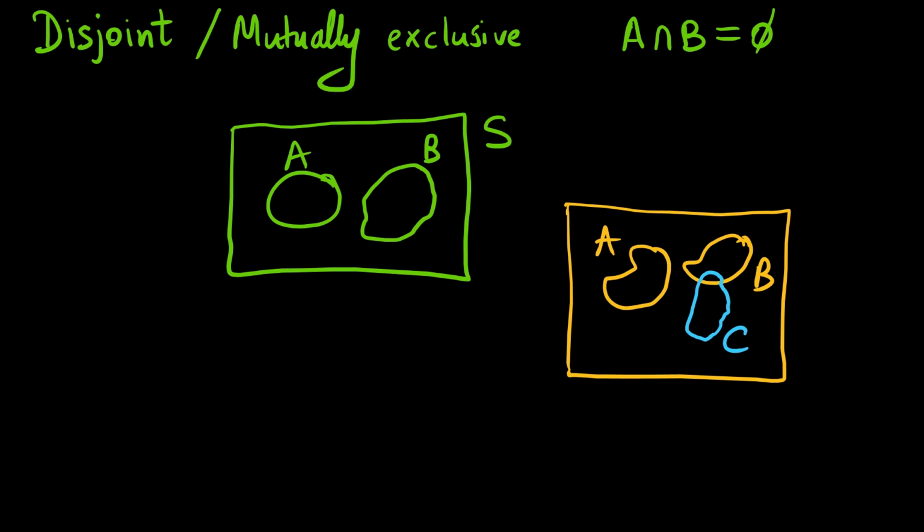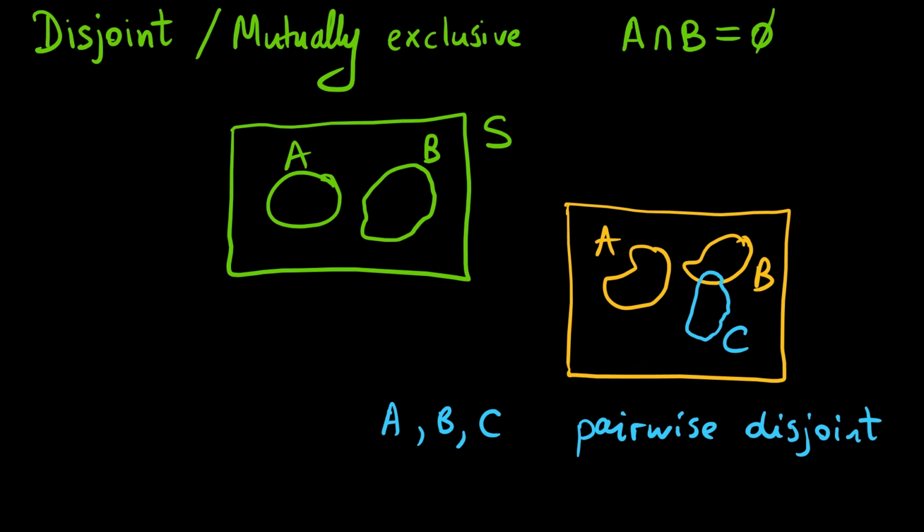When we have more than two sets, we ask whether the sets A, B, and C are pairwise disjoint. Pairwise disjoint says that you look at each pair. We'll look at A and B, then A and C, and then B and C, only 3 pairs.